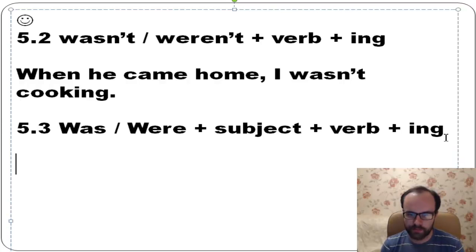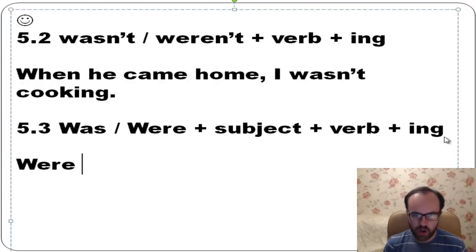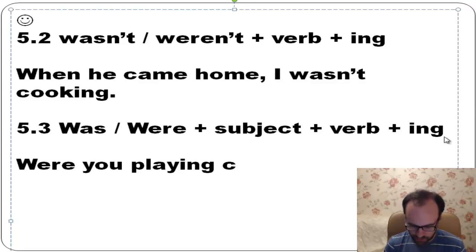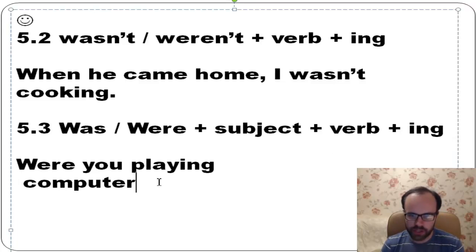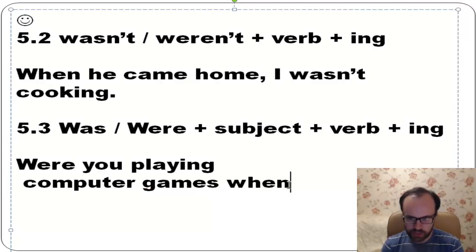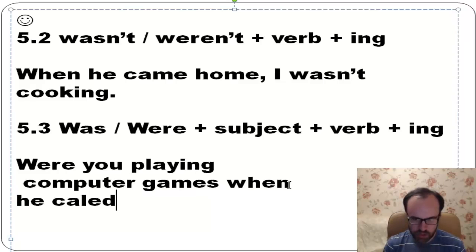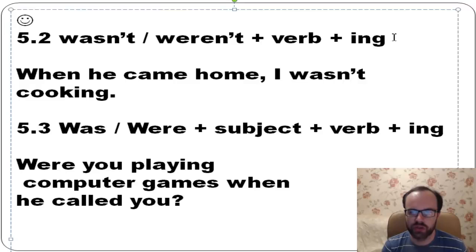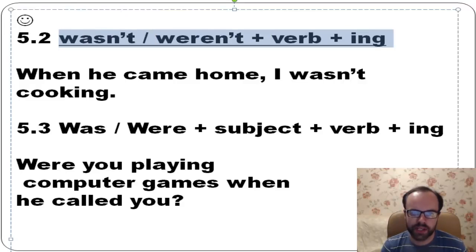Next. Were you playing computer games when he called you? So you see, when he came home, it's a short action, and I wasn't cooking, it's a long action.